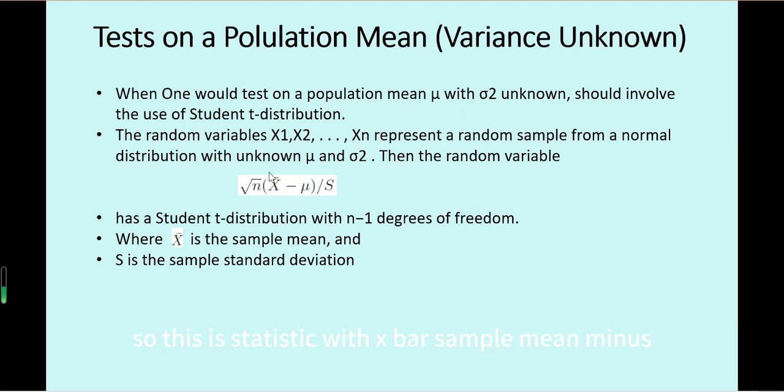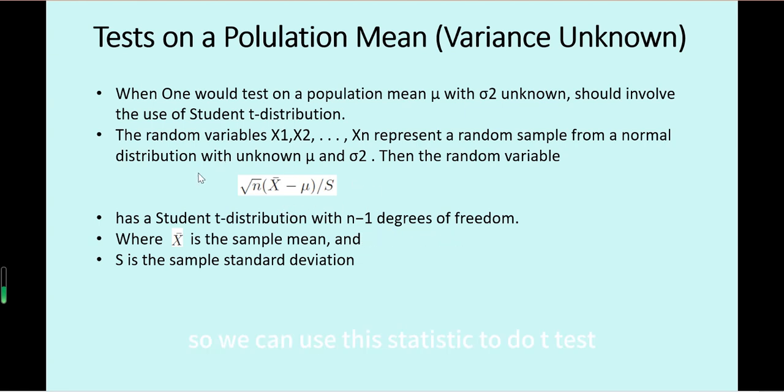So this statistic is the sample mean x bar minus the population mean, which we want to test, in the numerator, and in the denominator s divided by the square root of the sample size. This statistic has a Student t-distribution with n minus 1 degrees of freedom.